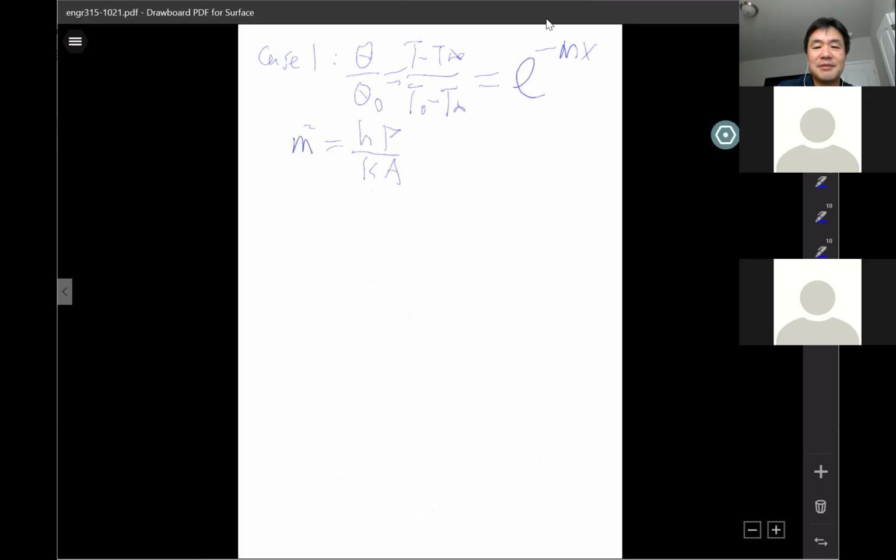When x increases, does theta increase or decrease? It's a negative power, 1 over e to the mx, so when x increases, the temperature decreases. That makes sense, because you lose heat to the surroundings. So this is the temperature distribution for case 1.